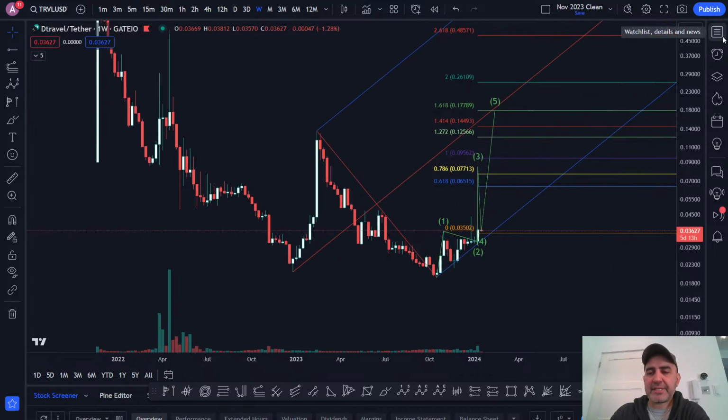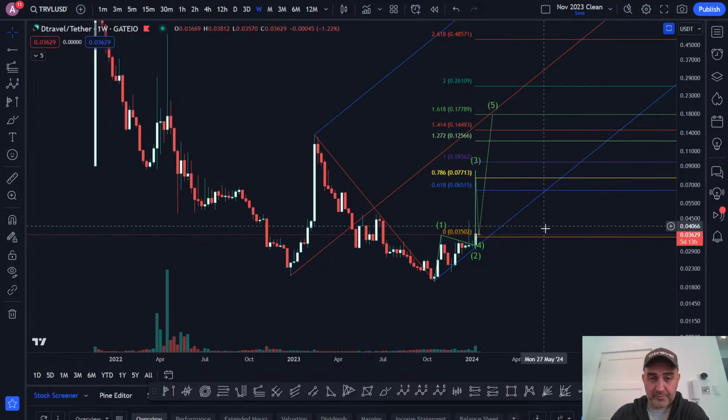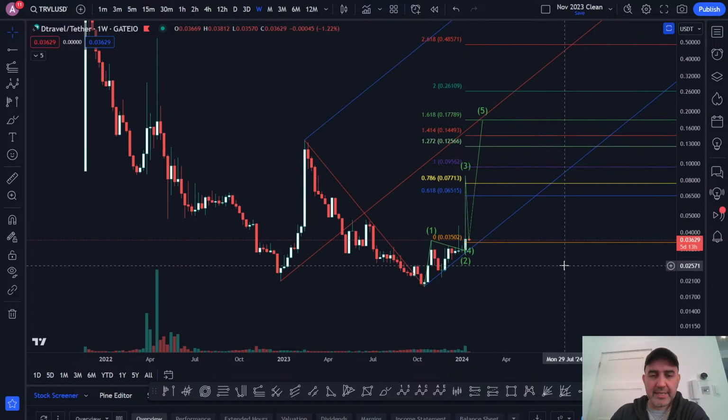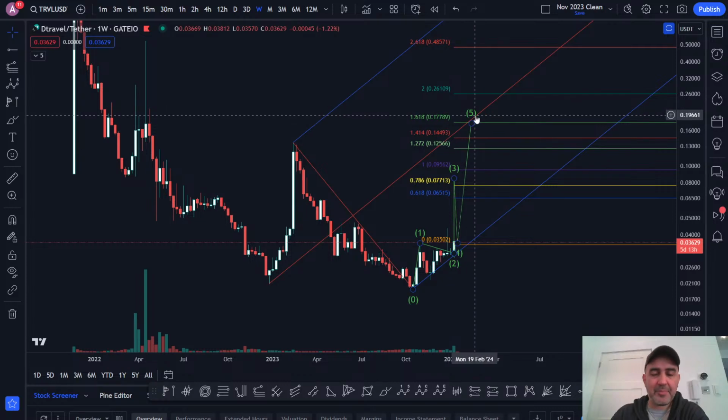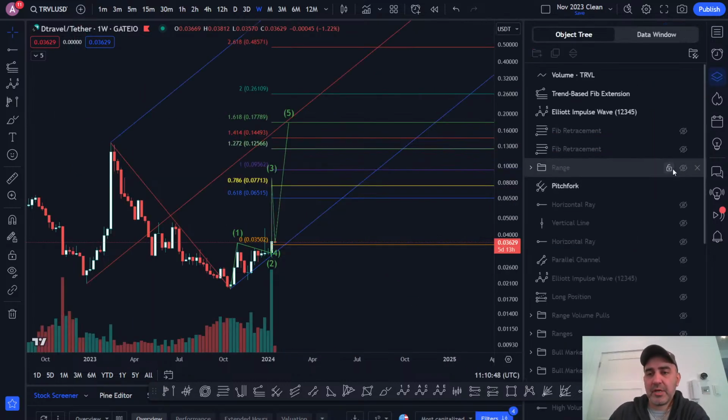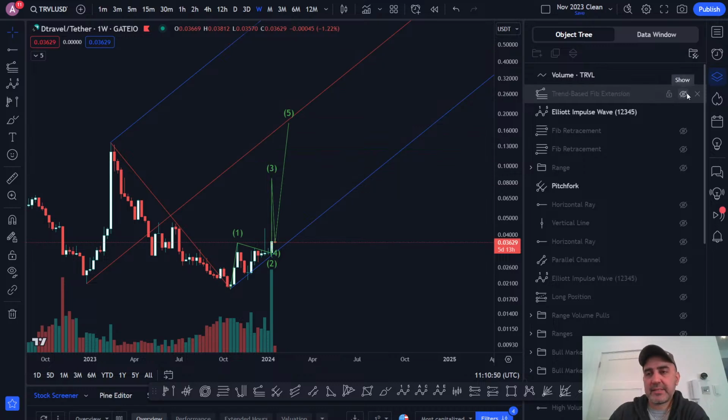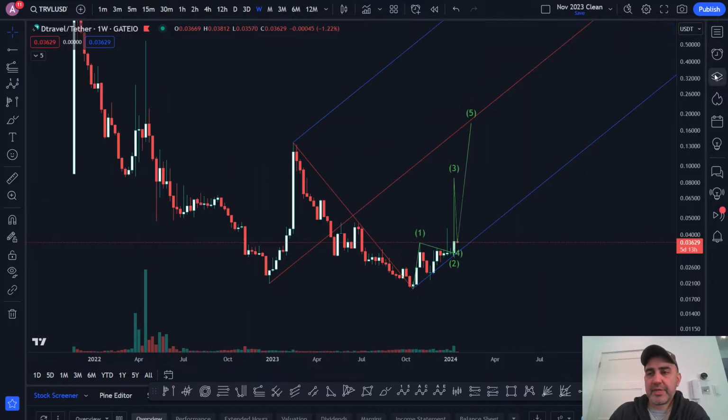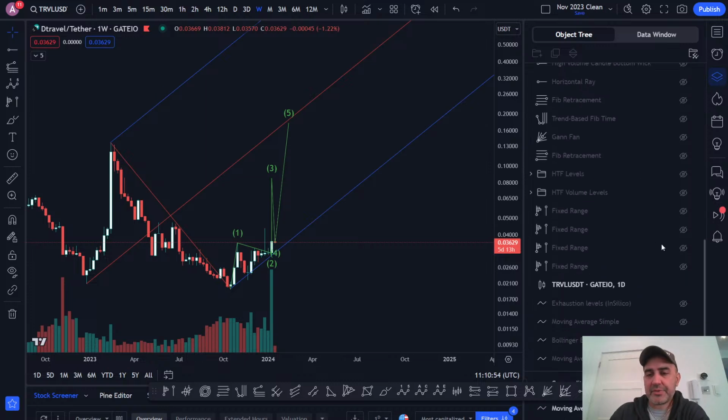The other thing that's really interesting about this chart is that if we do what potentially could happen, which is what I'm saying could happen, I don't know if it will, if it does do this, or if it does do something else, who knows?